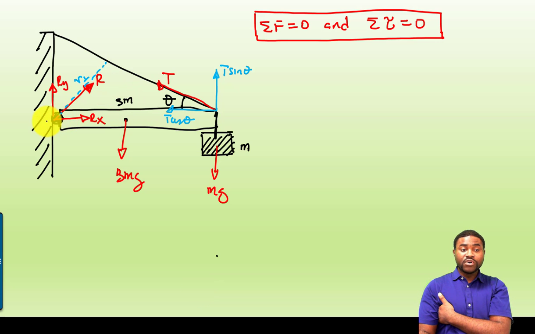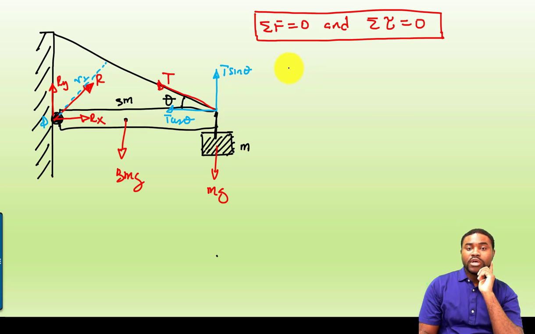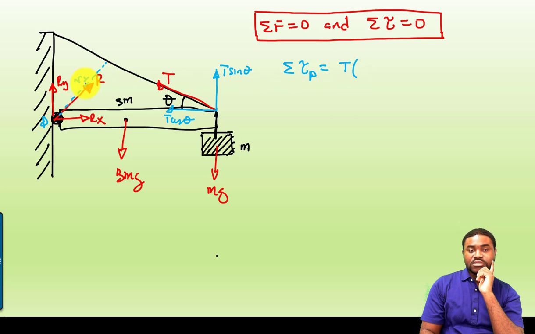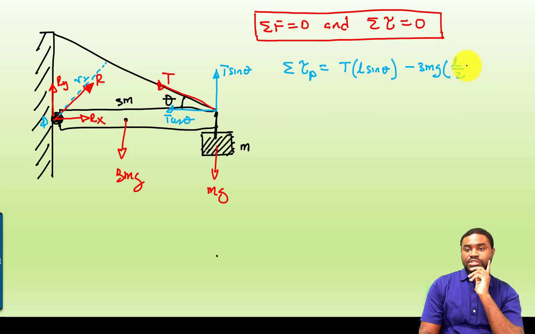So I'm going to pick my pivot to be at this point P. In which case, the summation of the torques about P will be equal to what? T multiplied by the lever arm, which is this distance, which will be L sine theta, minus 3mg multiplied by the lever arm, which is L over 2, minus mg multiplied by the lever arm, which is L. All of this should be equal to 0.